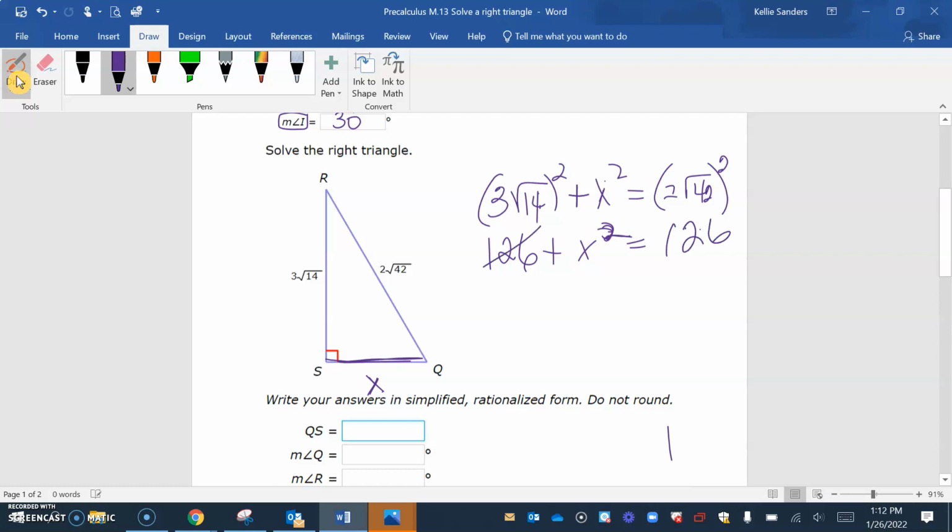Subtract. Good grief. That gives us 42. And if we take the square root of 42, we get the square root of 42.